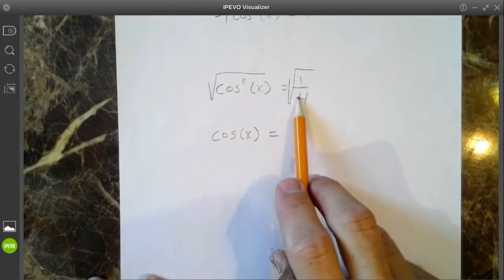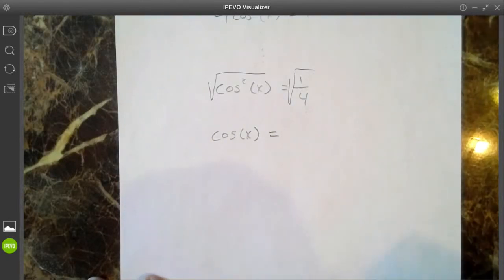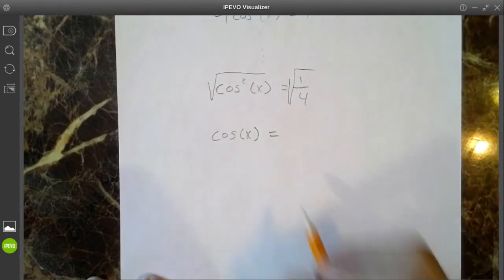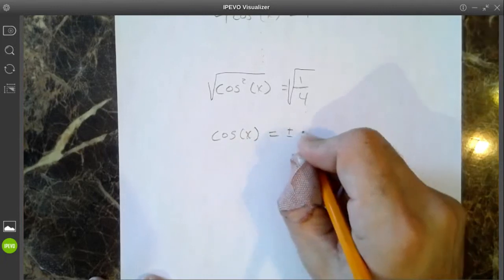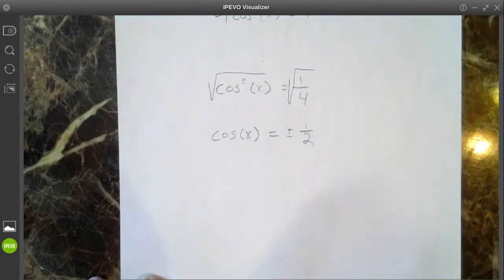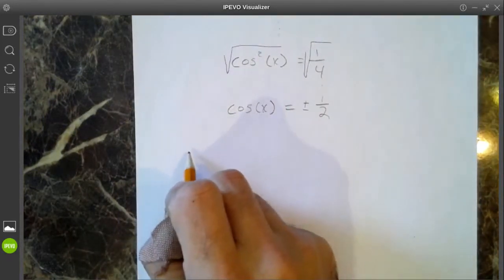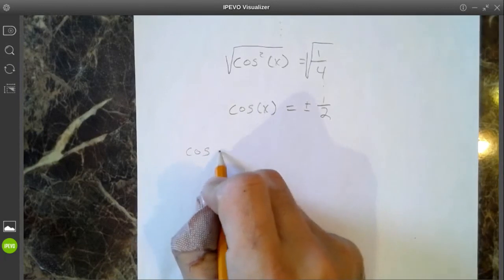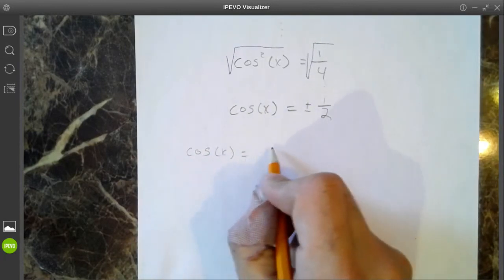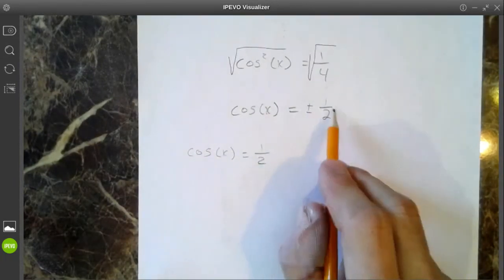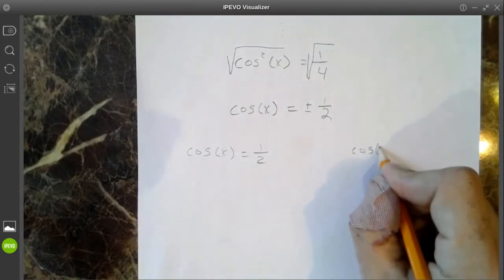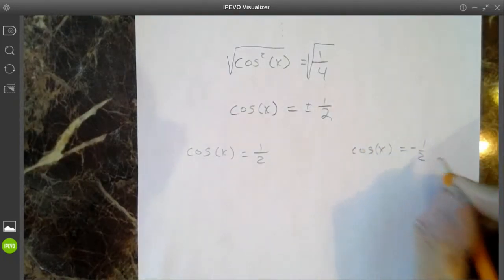And the square root of 1/4, well, that's the square root of 1 over the square root of 4. So that's going to be plus or minus 1/2. And then here's where you could get your two cases just like we did earlier. So without factoring, we could have written our two cases the same way. The positive 1/2 version and the negative 1/2 version.